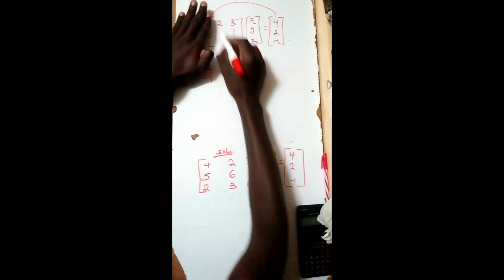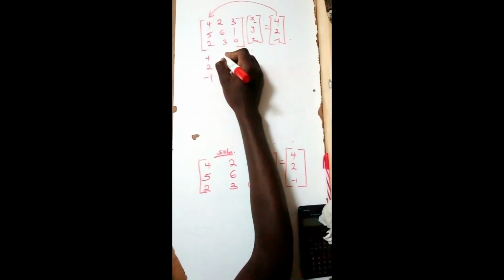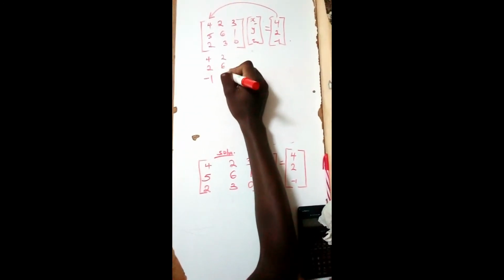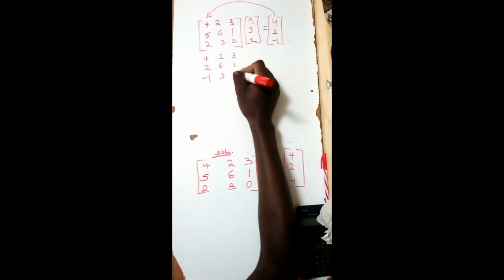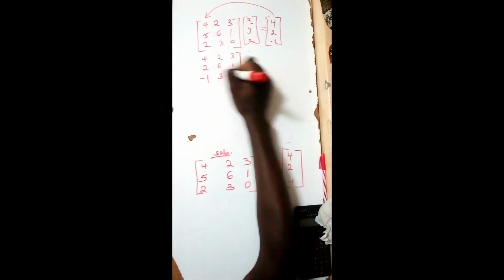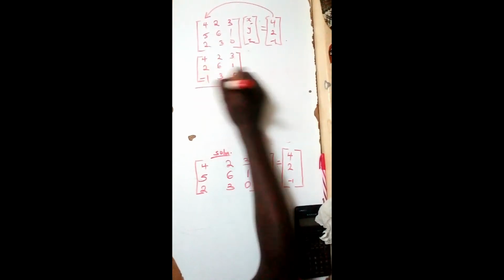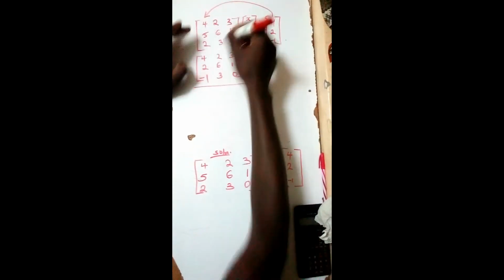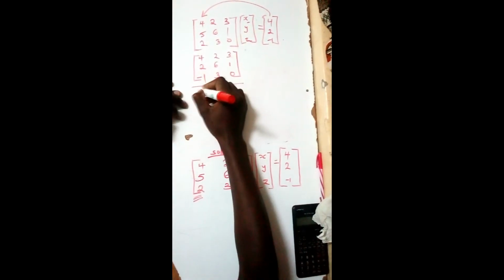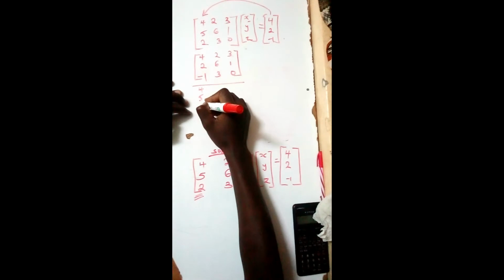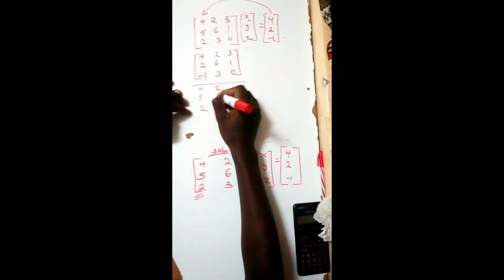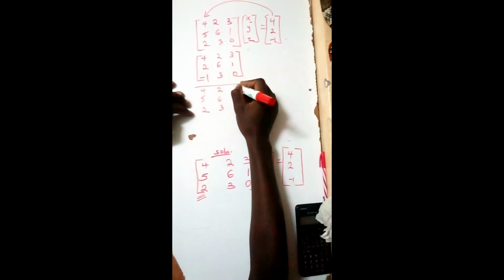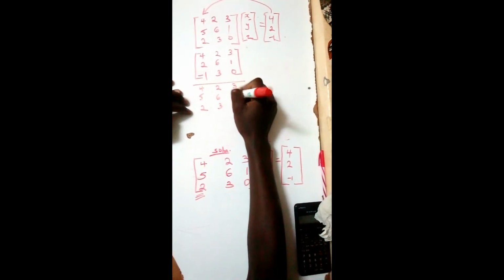Then you don't alter the rest: 2, 6, 3, 3, 1, 0. Then you divide by the initial matrix, which is 4, 5, 2, 2, 6, 3, 3, 1, 0.